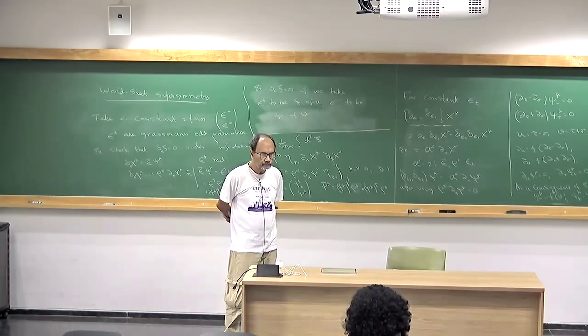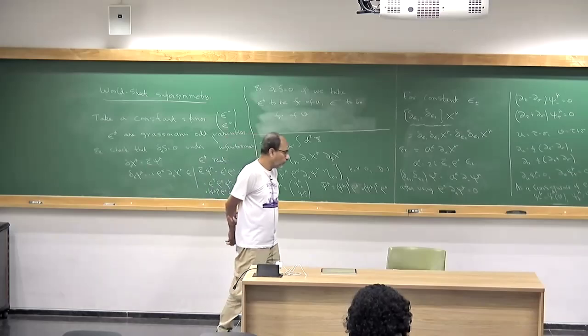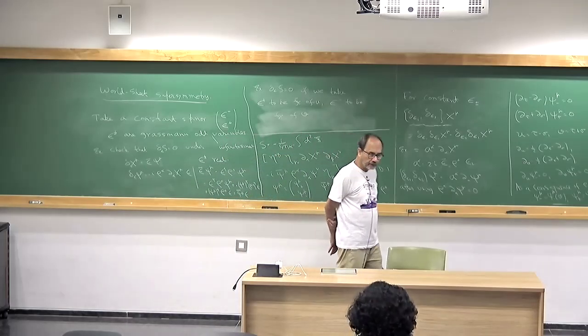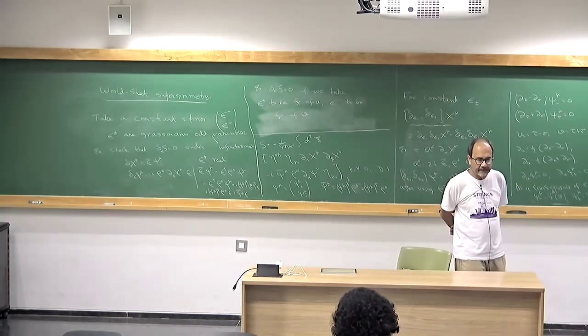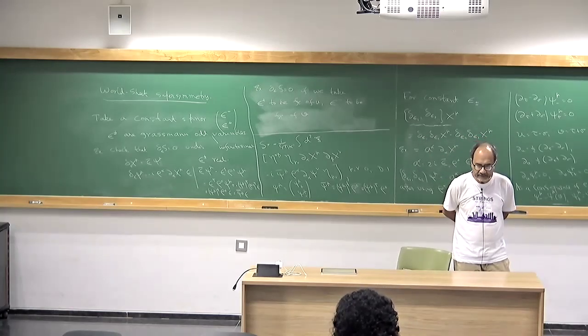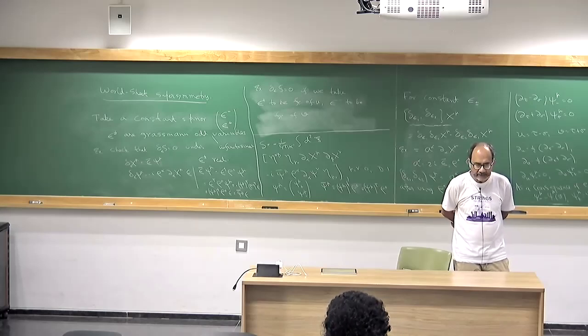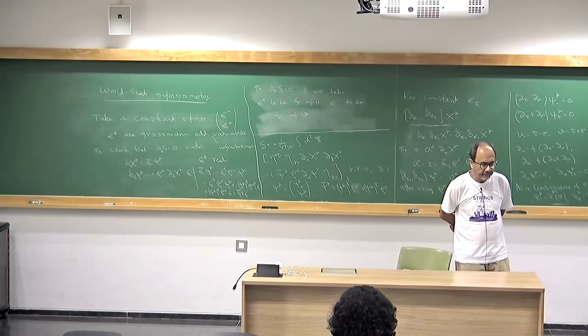But not all supersymmetric theories have an off-shell formulation. In fact, in target space, most of the supergravities that we know in 10 dimensions and lower are formulated only such that the algebra closes on shell.